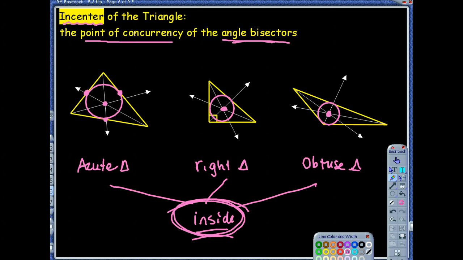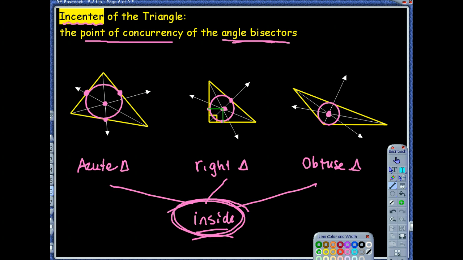All right. So notice that this circle being inscribed, it's touching the sides, right? Now, it doesn't necessarily touch exactly where my angle bisector is going through, but it's touching the sides of my triangle. And what's really cool is if we drew in here, let's try to make this line skinny enough so you can follow it, from the center to those points, what do you think is true about them?